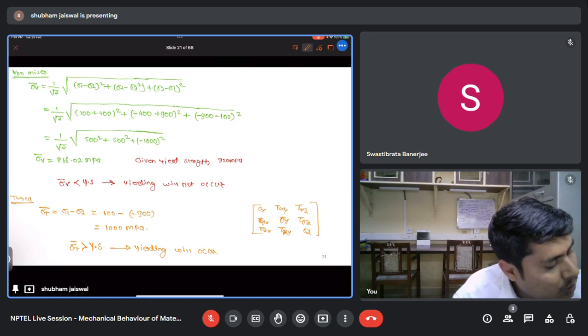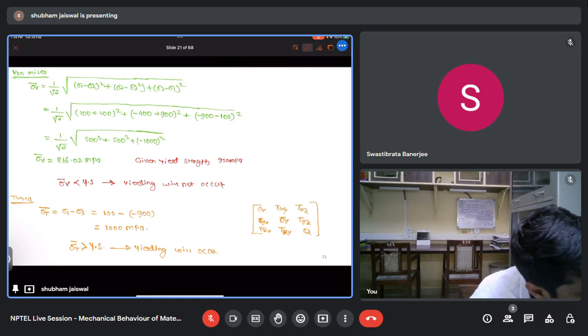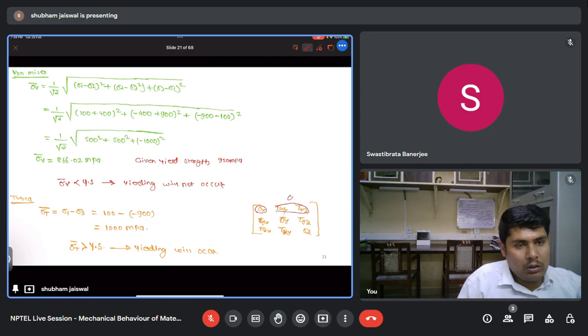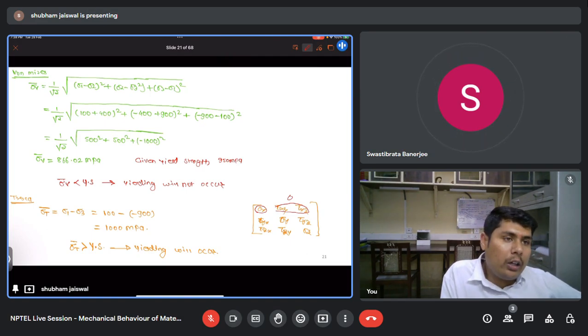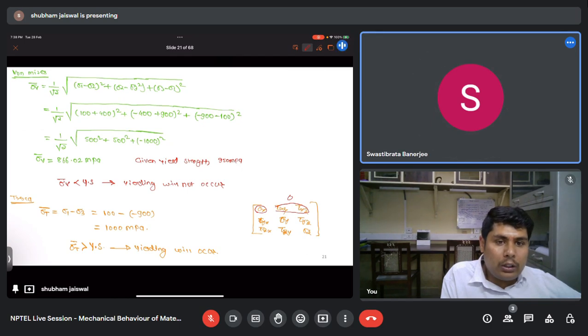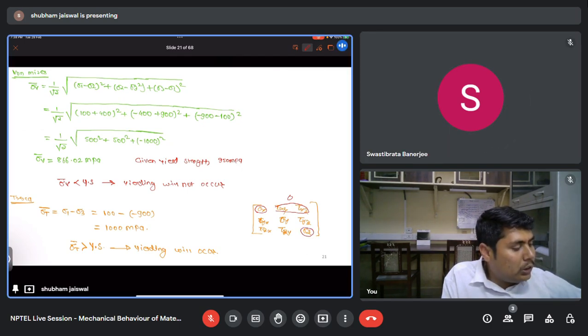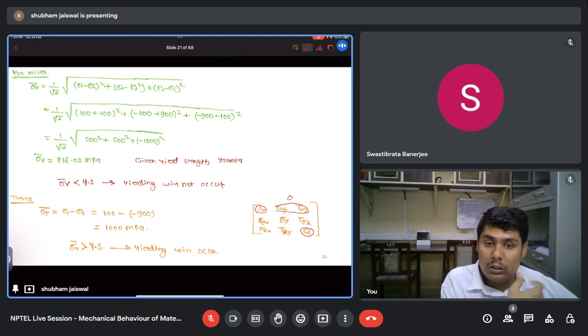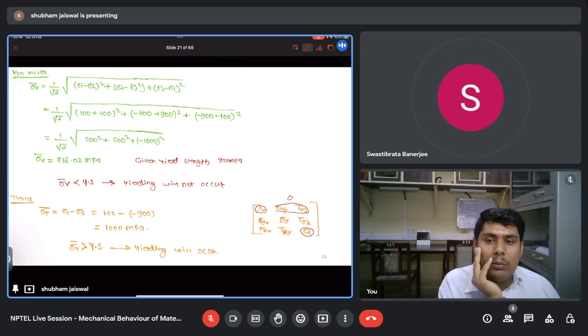In only one case you can do it: here sigma x is given and these two components are zero. If no shear stress is acting on that face, then that will be our principal stress. Similarly, here sigma z is given and no shear stresses are there, then that will simply become our principal stress. In that case only you can use it directly. Otherwise, you need to find out sigma 1 and sigma 3. Okay, sir.